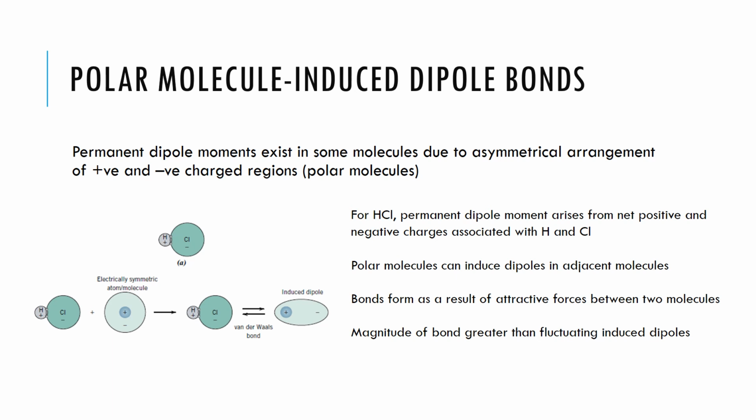There is a permanent dipole in that molecule with a net positive charge associated with the hydrogen atom and a net negative charge associated with the chlorine atom. Now, that molecule having such asymmetric charge distribution can induce a dipole in another neutral molecule, and bonds will form as a result of attractive forces between these two molecules.